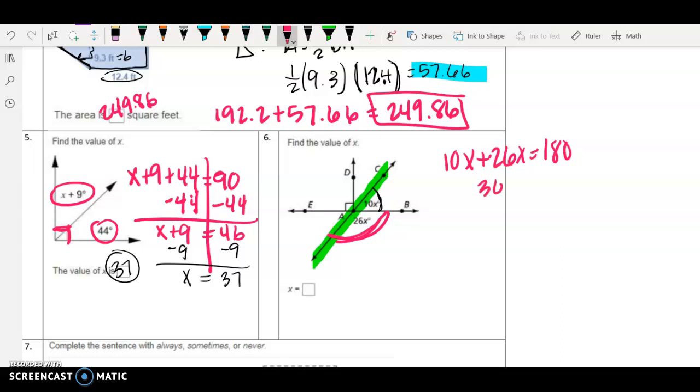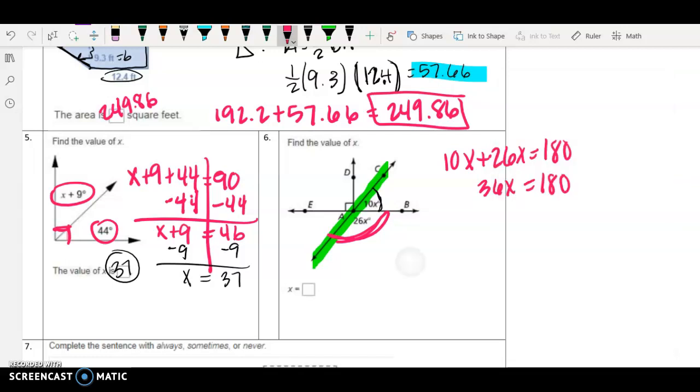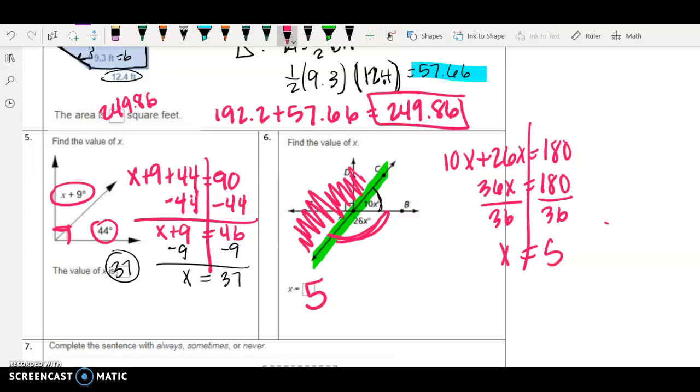So we get 36x equals 180. And then now we do 180 divided by 36, and we get 5. So we divided by 36 on both sides, and we get x equals 5. So even though there's a lot drawn there, just try to simplify it as much as you can. We can ignore this whole side over here and just look at it like it's a straight line.